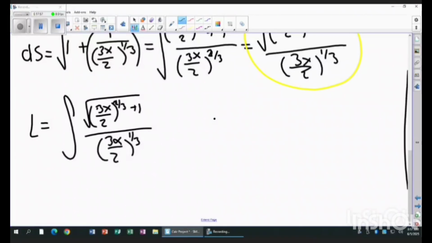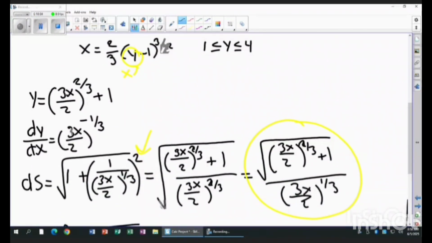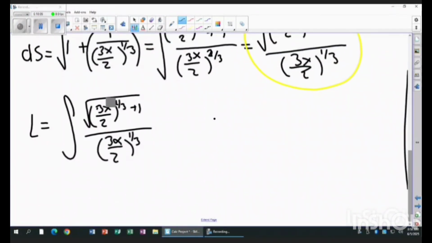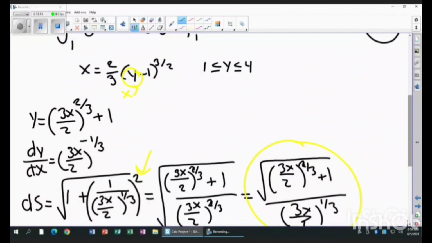Now, we don't know what our limits of integration are because they're right now in terms of y. So what we do to solve that is, I'm going to do this over here. We plug in these values of y into the original equation.